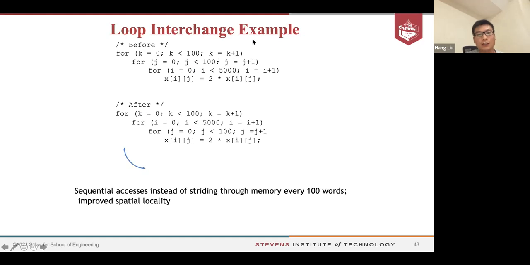Loop interchange. Assume we have a two-dimensional array. Let me draw it out.